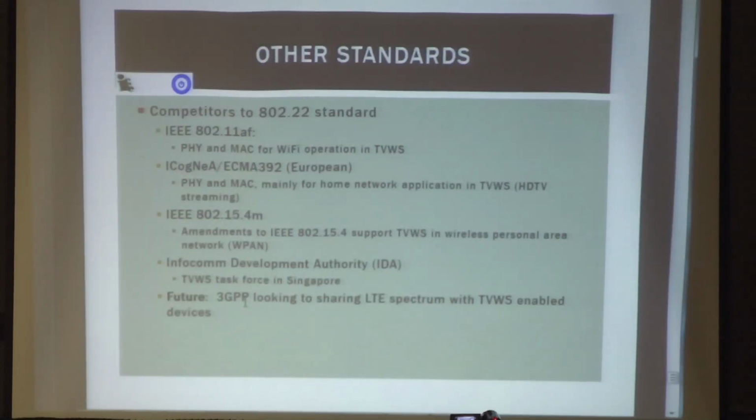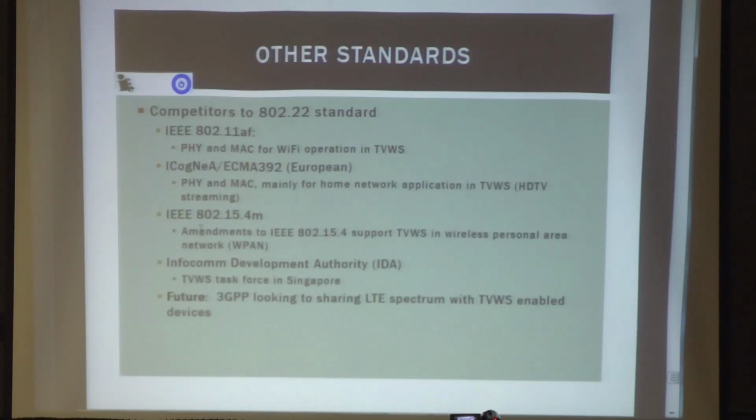So there are other standards other than 802.22. One interesting standard is 802.11. There's an amendment, a new flavor of 802.11, which is 802.11af, which defines a PHY and MAC for Wi-Fi operation in the TVWS frequencies. There are also European efforts to define the PHY and MAC, which is ECMA 392.